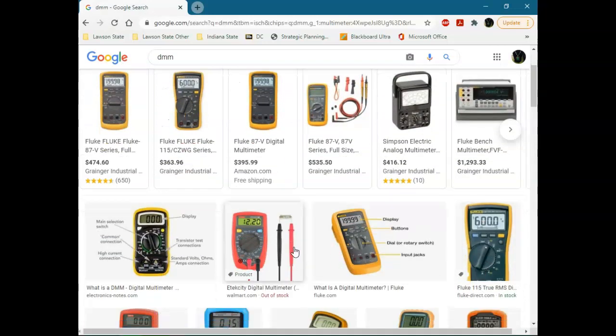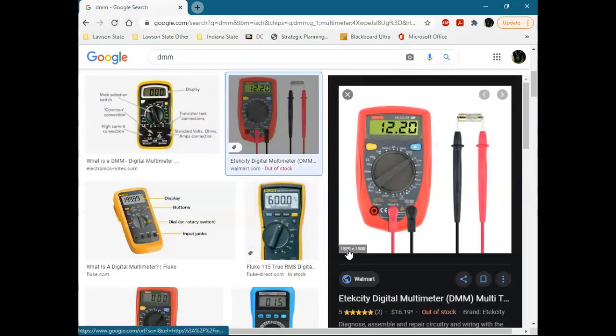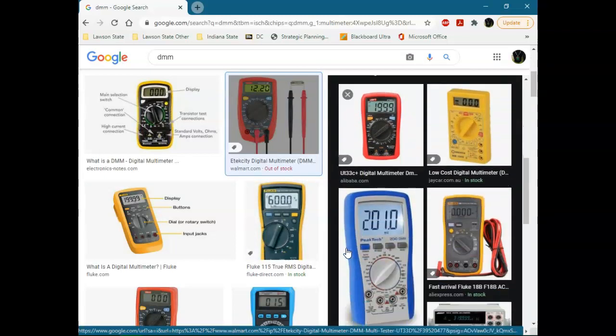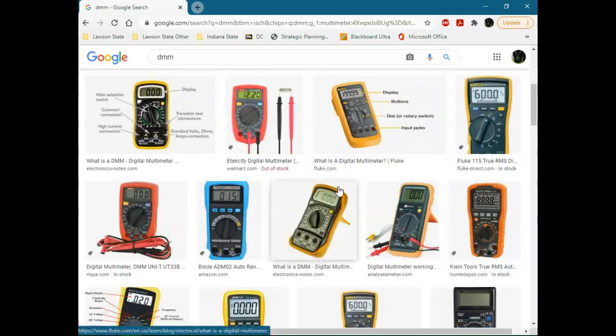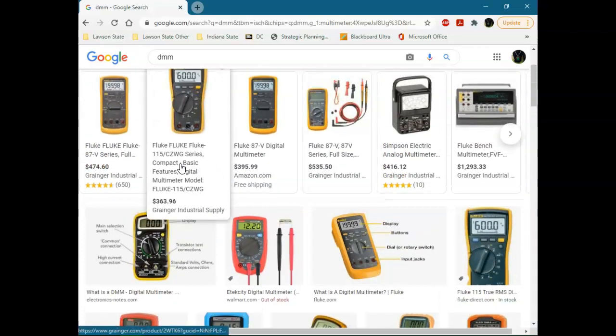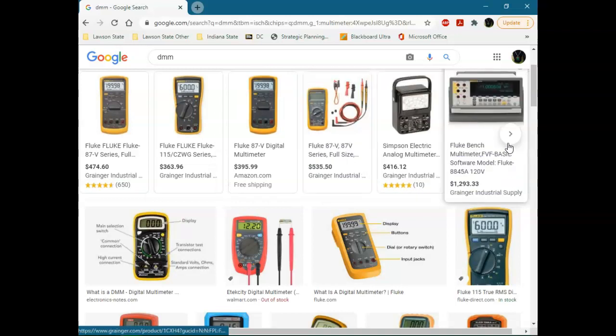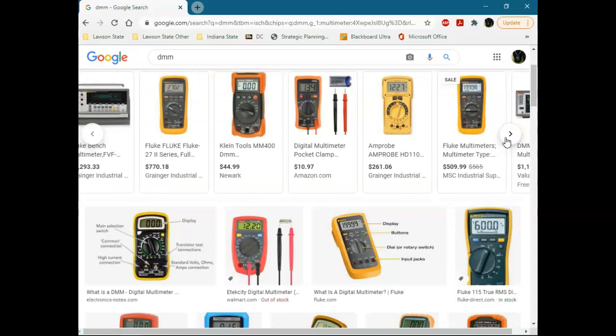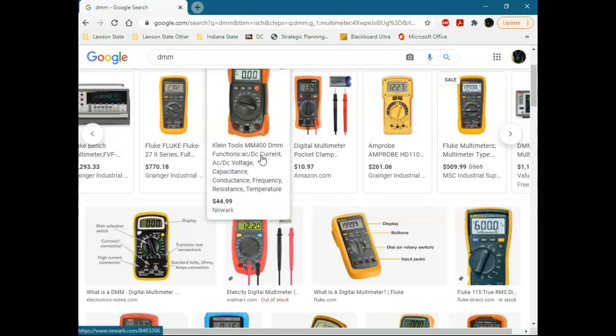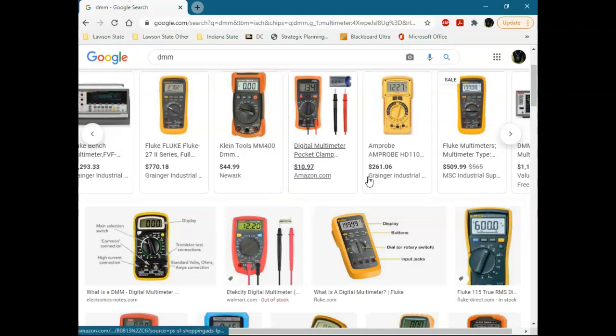Most of the basic meters really don't cost that much. They should run you less than $100. If you buy the really expensive ones like Fluke or Snap-on, they will cost you more. Here's a fairly decent one, $45.